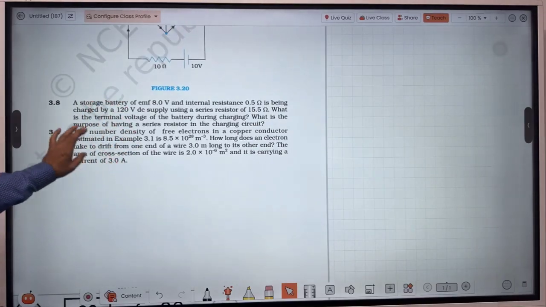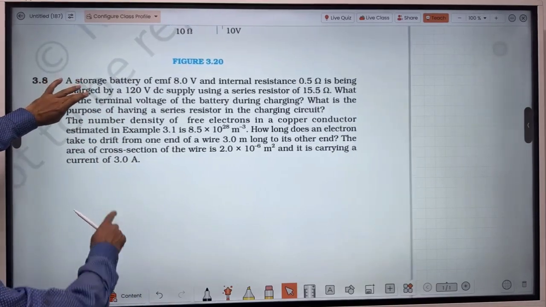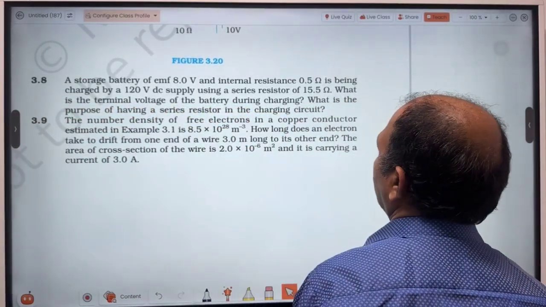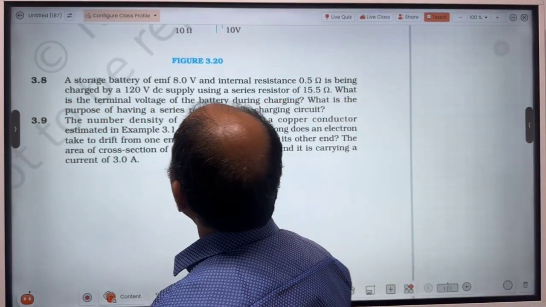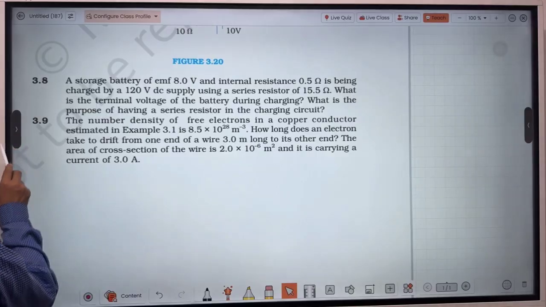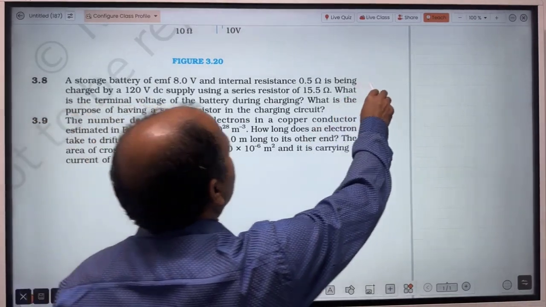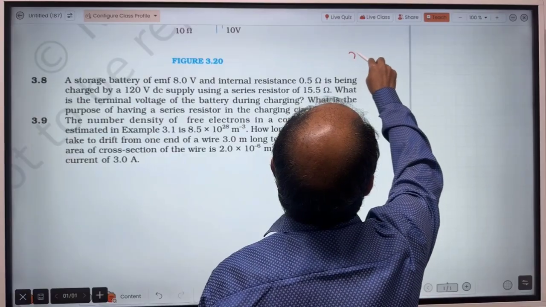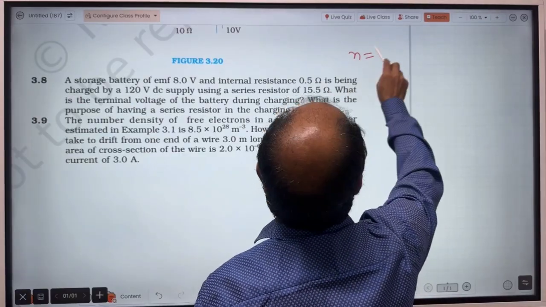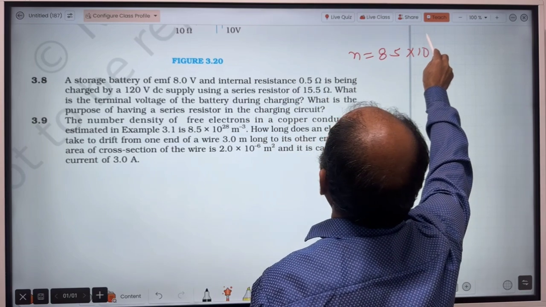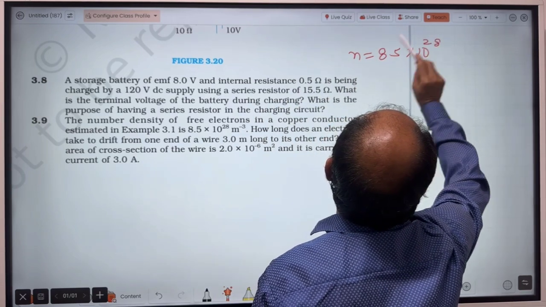In this question, certain information is given, and let's see what is given and what is to be found. The question says the number density of free electrons, it means the value of n is given. n is given as 8.5 into 10 to the power 28 per meter cube.